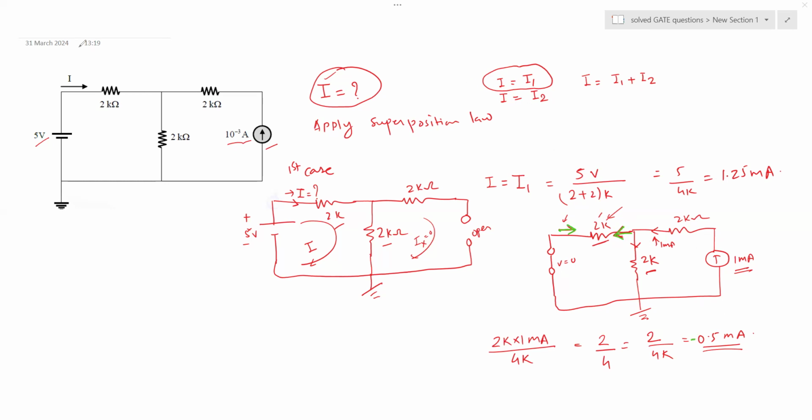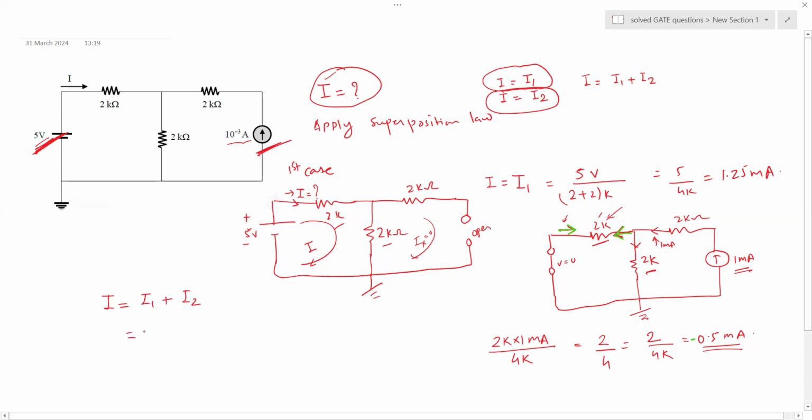So your second value of the current, I2, is also calculated, and therefore the total current due to both the DC voltage source and the DC current source present in the circuit will be the sum of I1 plus I2, which is 1.25 milliampere plus minus 0.5 milliampere, because it's in the other direction.